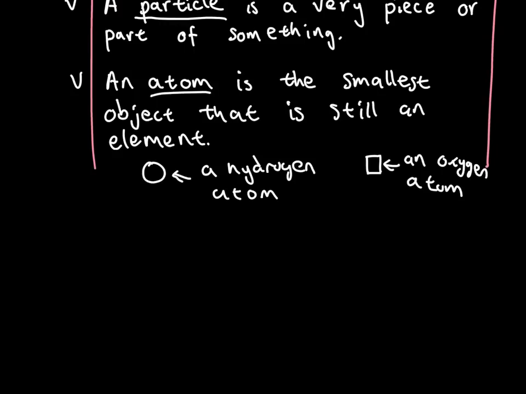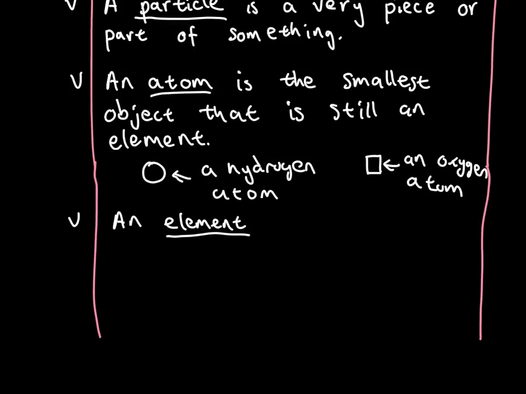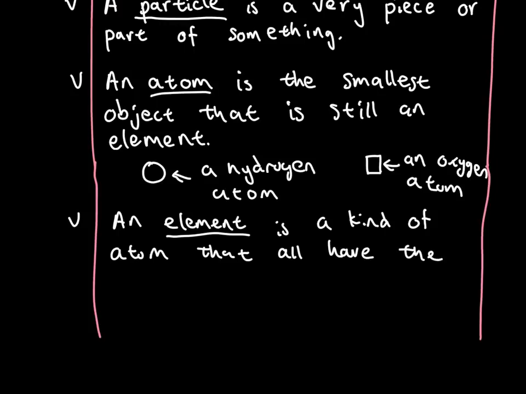Okay, let's define the word element. I'm going to draw my red line, which should already be on your paper. So an element, so skip a line under the drawing, is a kind of atom that all have the same atomic number.